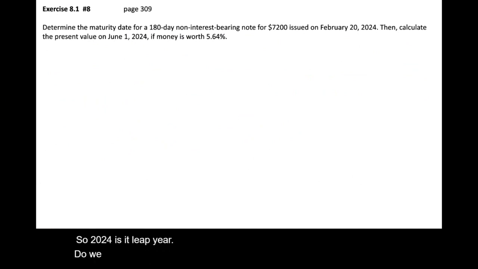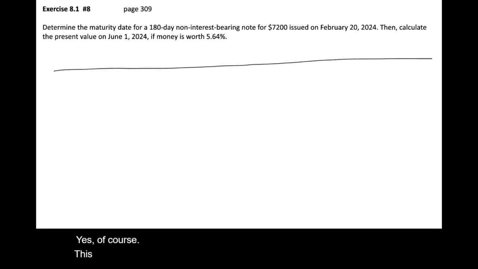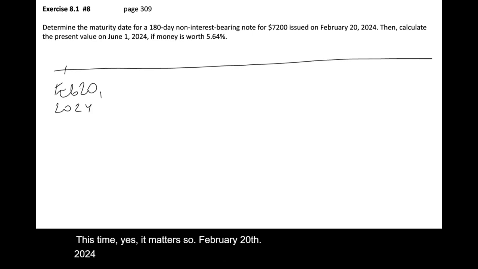Do we care about it? Yes, of course. This time, yes, it matters. So February 20th, 2024. Now, the maturity date, 180 days here. So let's find it.